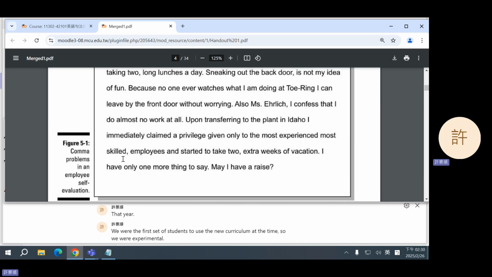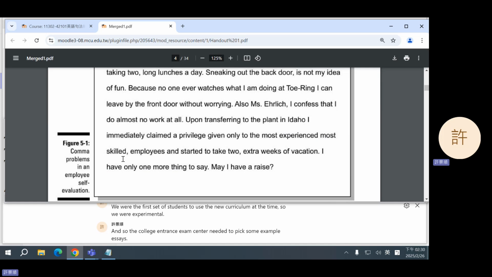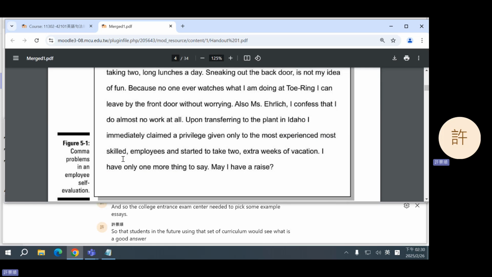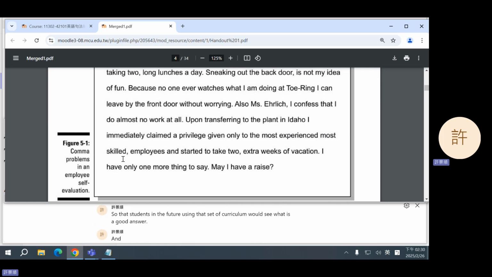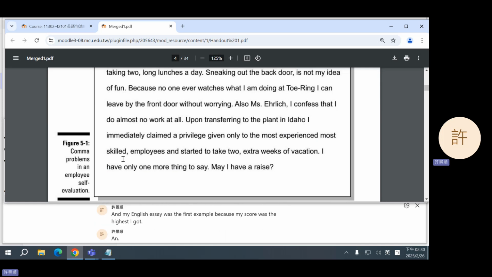And so the college entrance exam center needed to pick some example essays so that students in the future using that set of curriculum could see what is a good answer. And my English essay was the first example because my score was the highest. I got an 18.5 out of 20 on the essay.